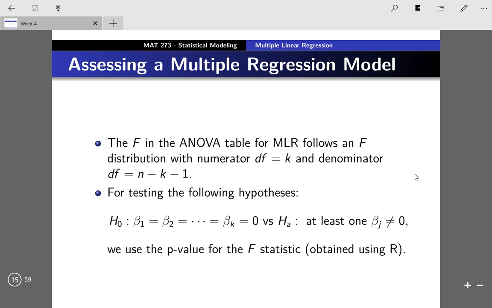So when I say testing our overall model, this is referring to testing if the set of slopes, the set of regression coefficients, are all simultaneously 0, versus the alternative hypothesis, which is that at least one of the betas, one of the true slopes, is non-zero. To test this, we're going to look at the p-value for that F-test statistic, which R will give us.